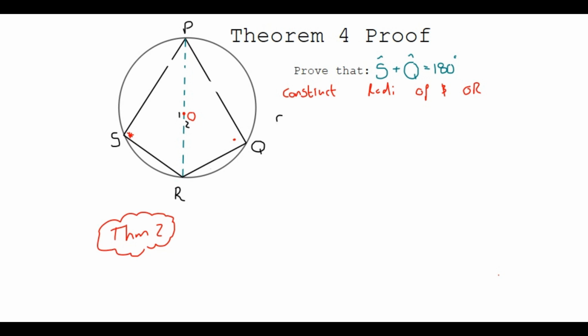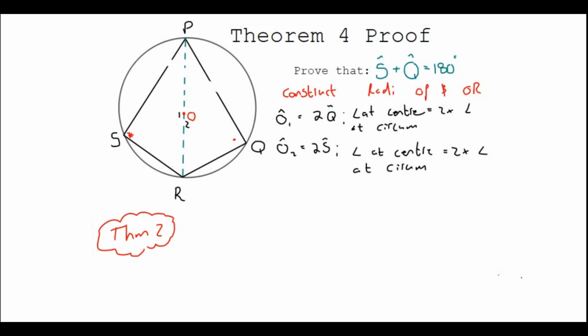O1 is going to be 2 times angle Q, and O2 is going to be 2 times angle S, because angle at center equals 2 times angle at circumference. Now we go back to O1 plus O2 equals 360 degrees, angles round a point.